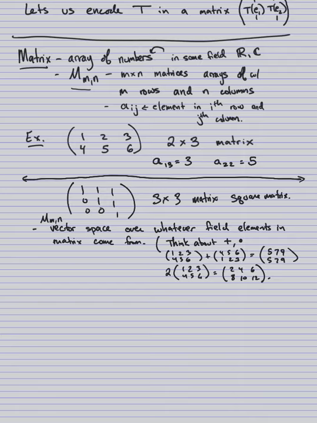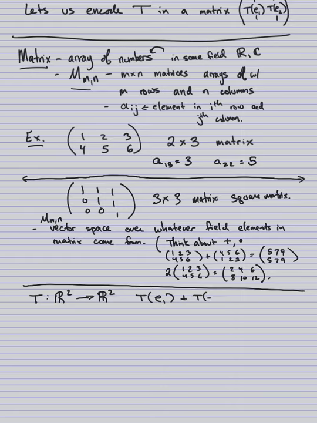Okay? So how do we encode this transformation as a matrix? Well, I said kind of how to do it using these column vectors. So let me maybe make it more explicit here. So I said we had this transformation from R2 to R2, where we had T of E1 and T of E2, okay?